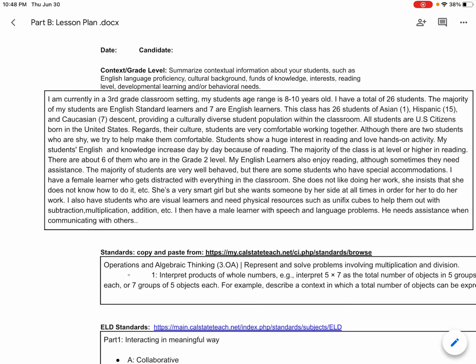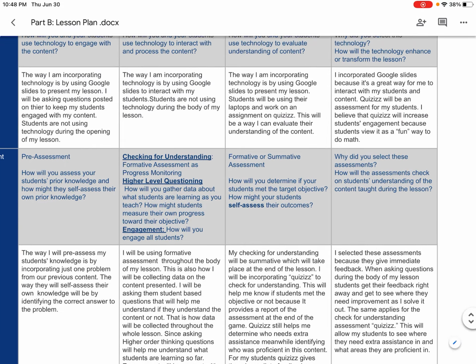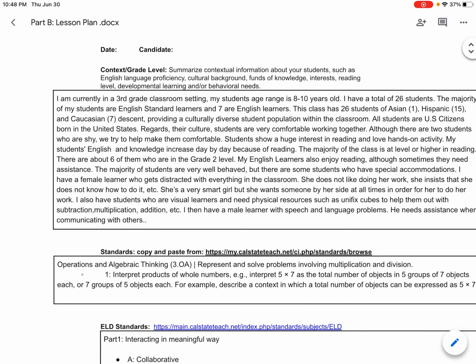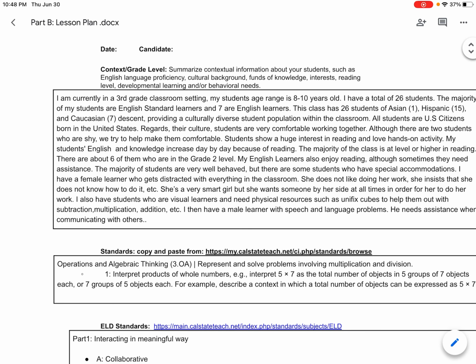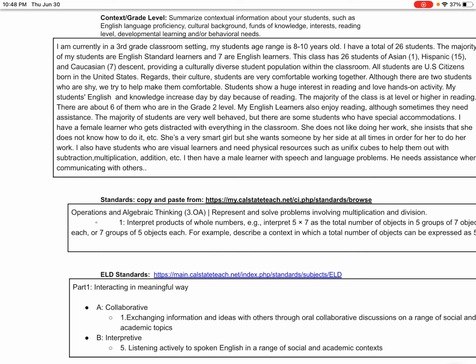So this is my Cal State Teach template. This is how it looks, and my information is on here so you can get an idea. For the first section, it's contextual/grade level, and then we have to summarize that contextual information about our students, such as English language proficiency, cultural background, trends of knowledge, interests, reading level, developmental, learning, or behavior needs.